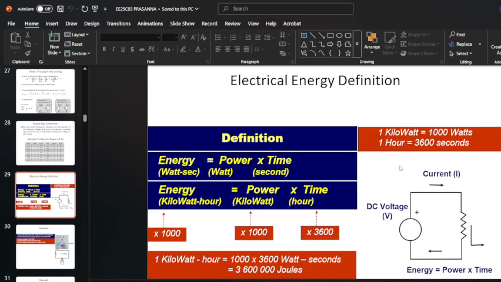Next, electrical energy definition: 1 kilowatt means 1000 watts. 1 hour is equal to 3600 seconds.